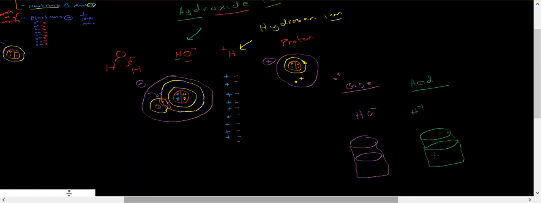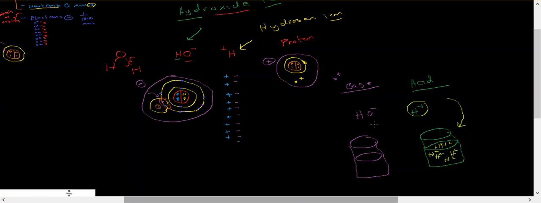Acids will have more of these H+ ions inside it. So the more H+ ions that are present, the more acidic the solution is, and therefore it is an acid. So the more of these hydrogen ions that are present inside a solution, the more acidic it is.